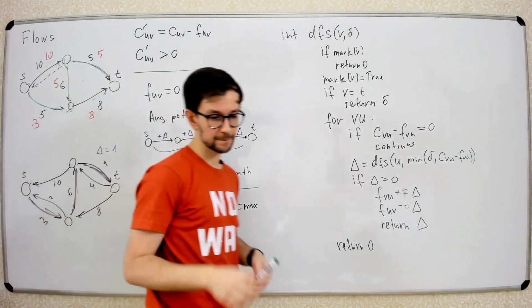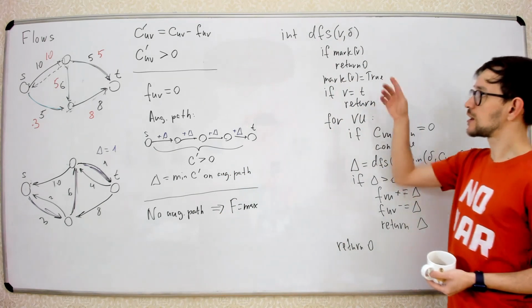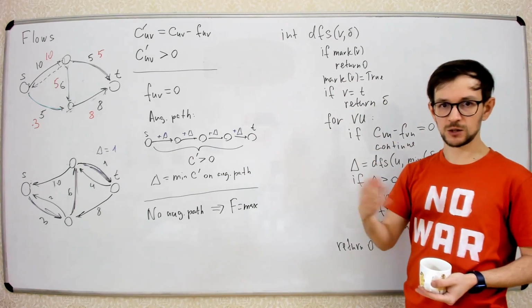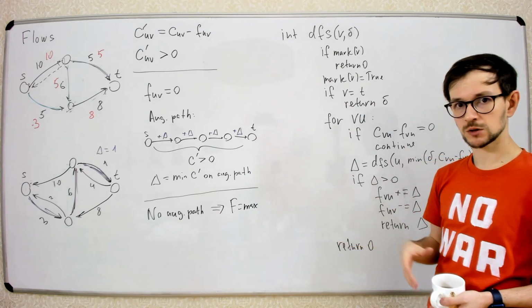What do you think? So if we just run this DFS over and over again until it returns 0, what is the maximal number of times we can do it?